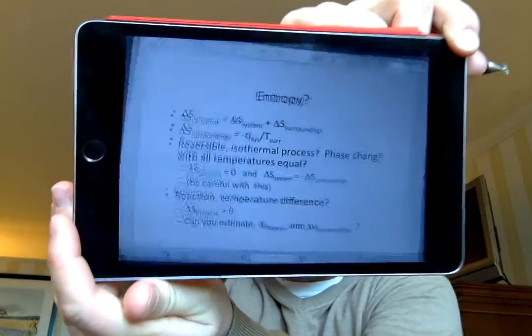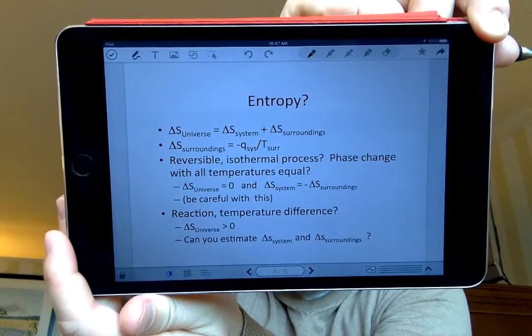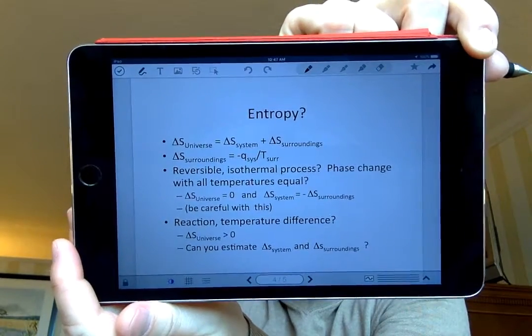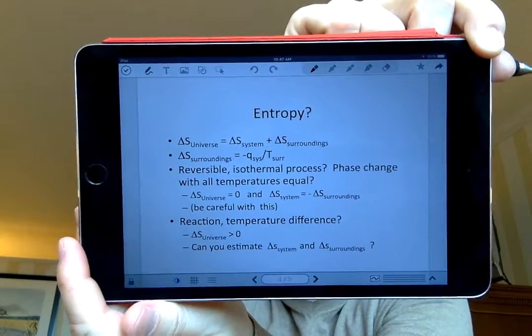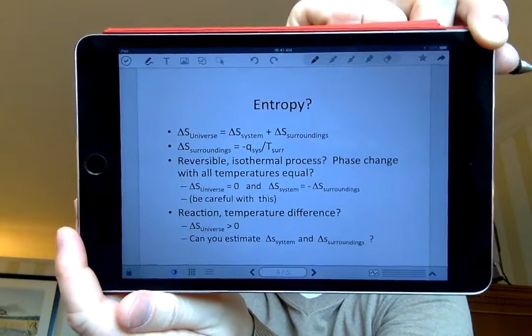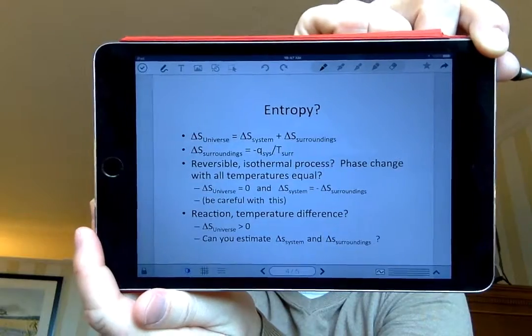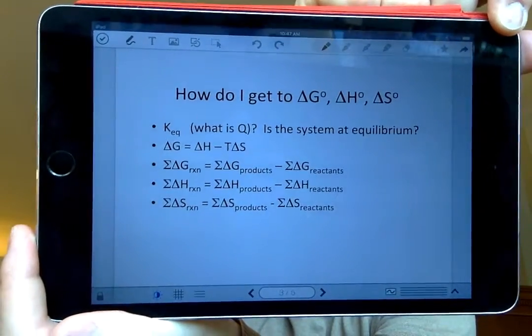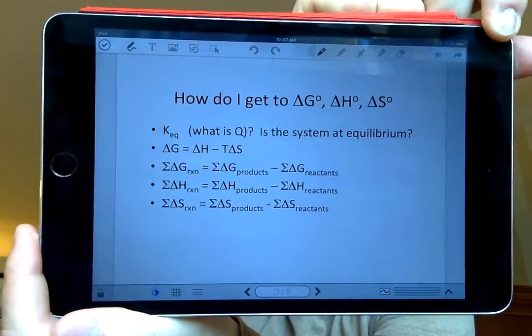Finally, if it's an entropy question, which we've covered in the last couple of classes, but is still probably yet to be revealed fully to you in terms of understanding, make sure you stick with the entropy equations that we know. So we have one equation for the delta S of reaction, or the delta S0, the sum of the delta S of the products minus the sum of the delta S of the reactants.